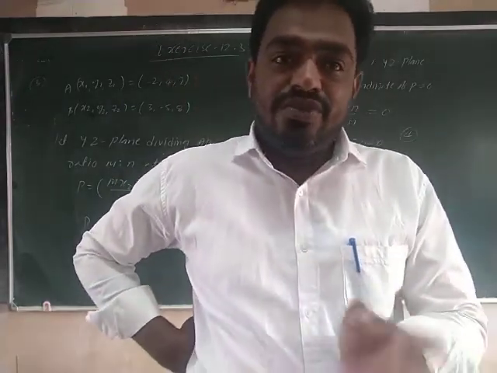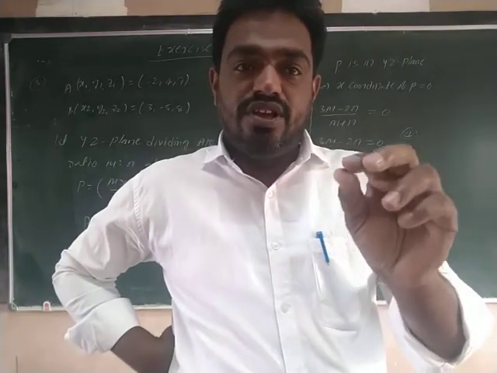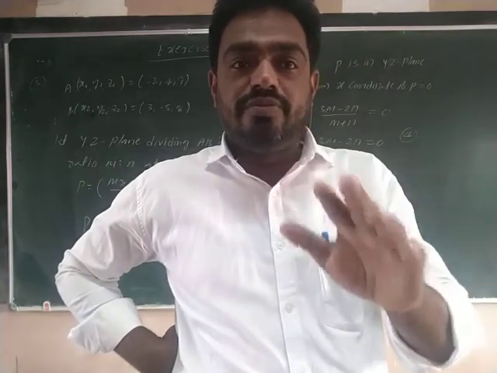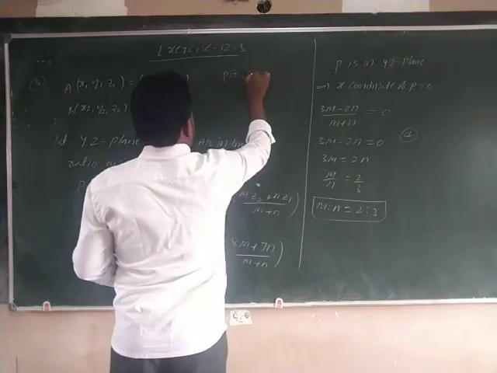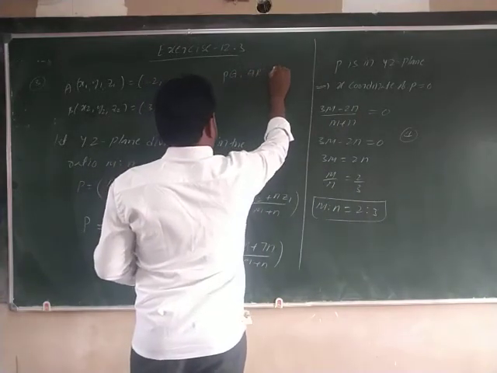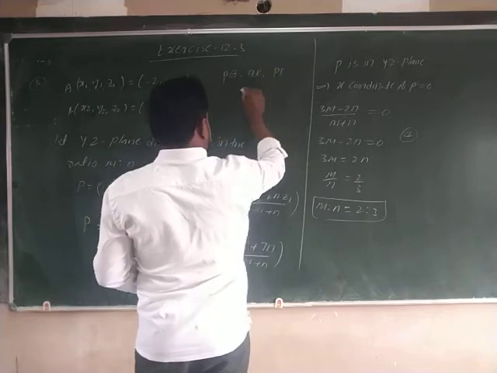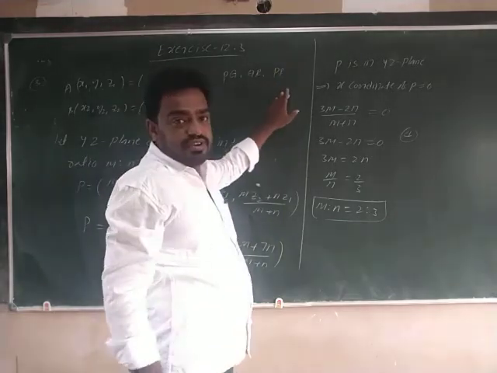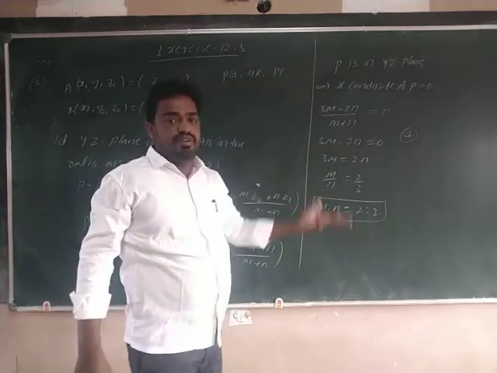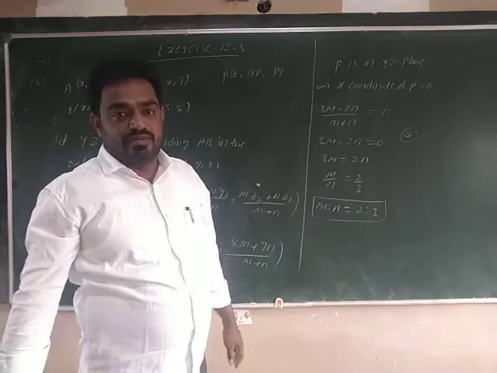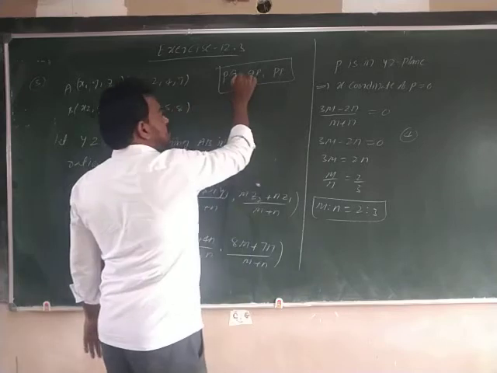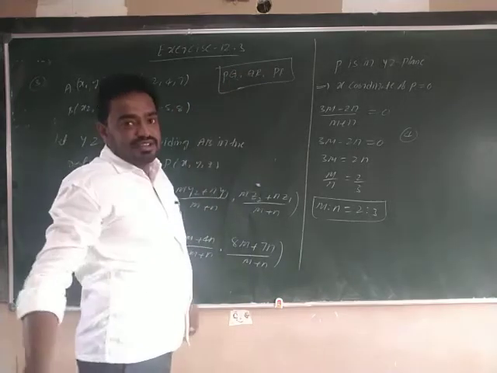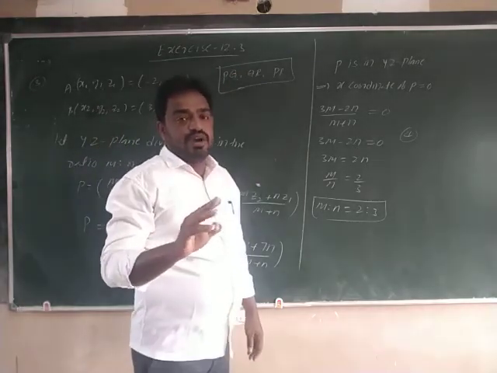Find PQ, QR and PR; if the sum of any two is equal to the third one, the given points are collinear. That is one method, using the distance formula. This method we already solved in exercise 12.2.